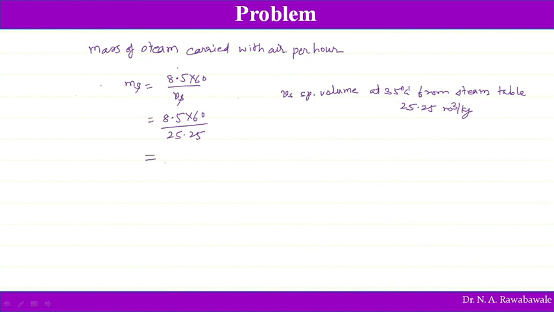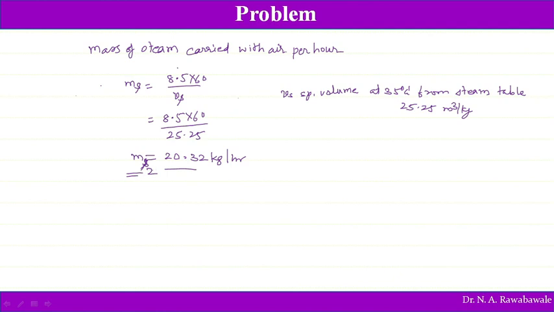On further calculation this gives us 20.32 kg per hour. This much steam is going to leak along with the air. So the mass of steam carried with the air per hour is 20.32 kg per hour.